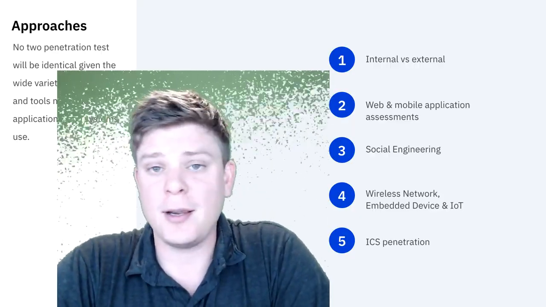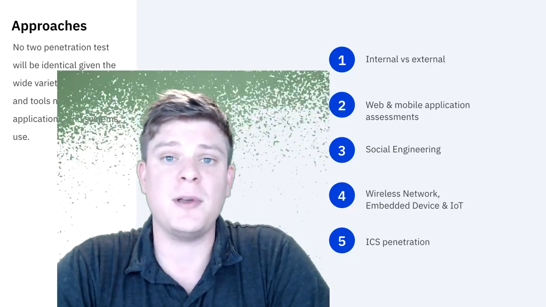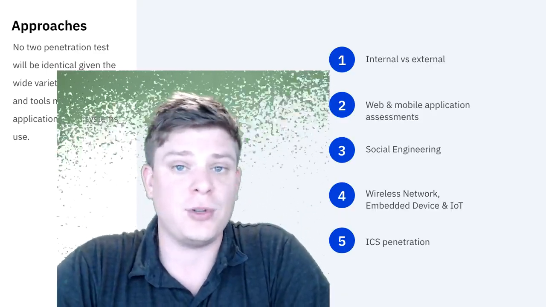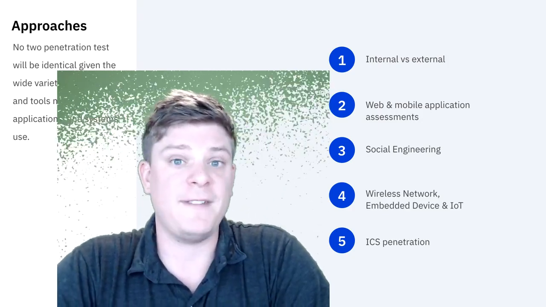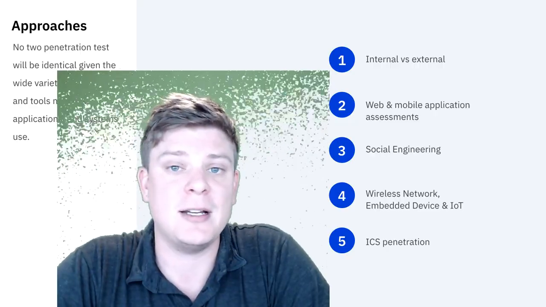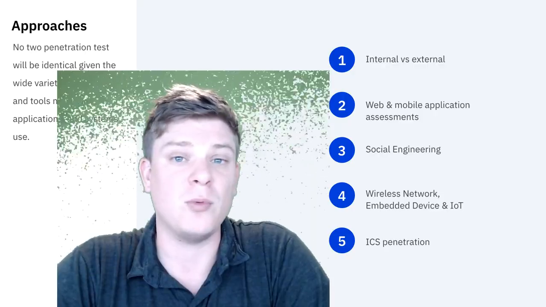Social engineering is a tactic we'll use throughout a lot of these approaches, but by itself, social engineering is creating almost a feeling or a mentality of anxiety within somebody to gain access to information that you normally wouldn't.